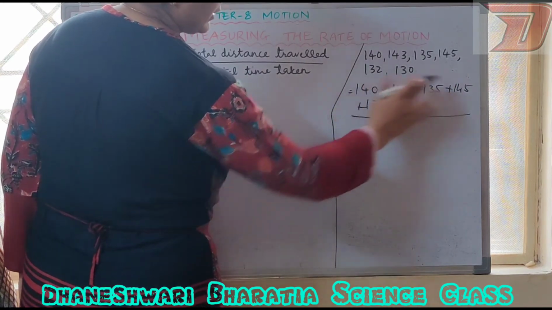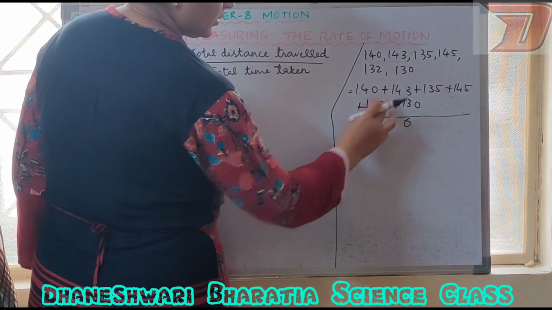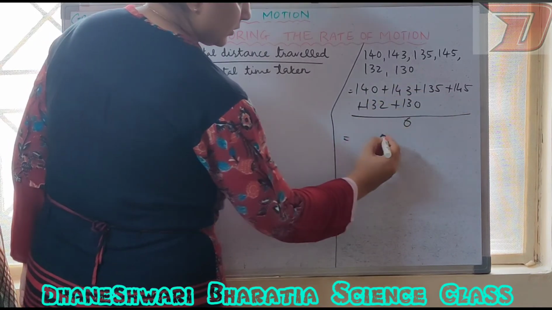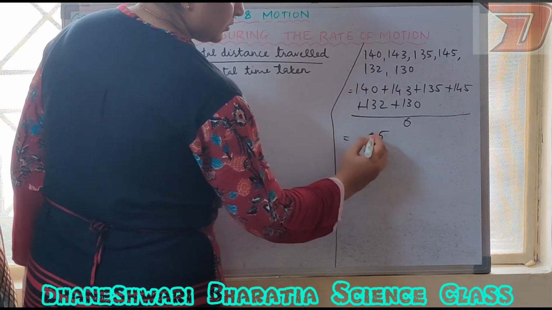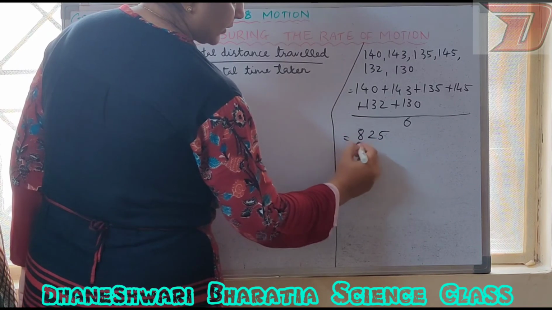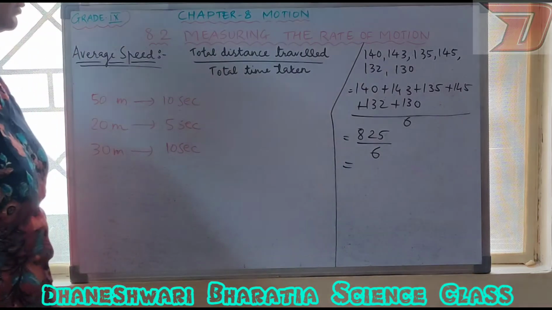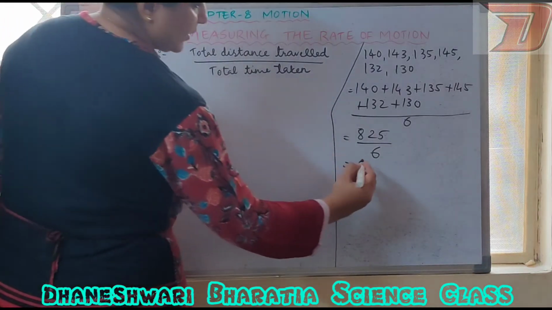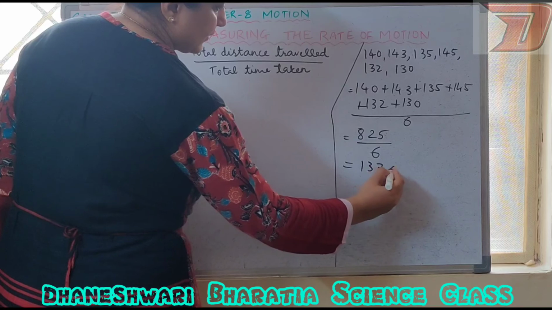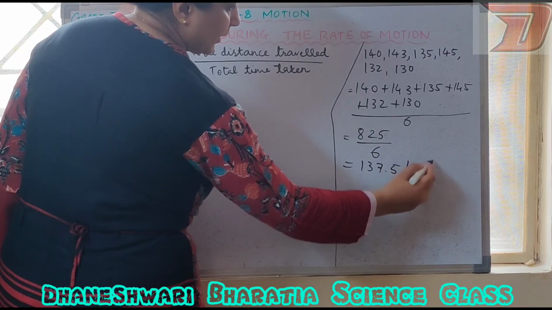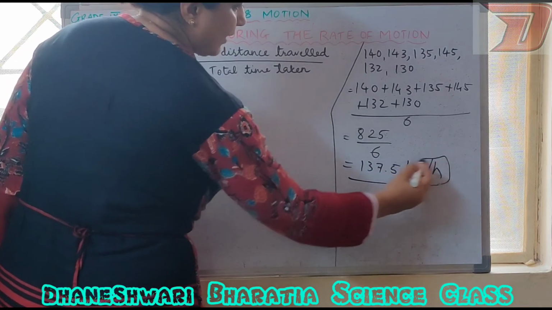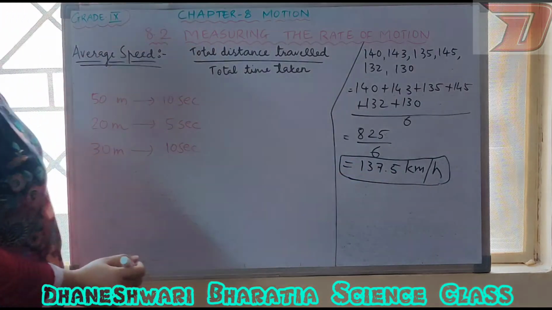So if we add this, almost 825 divided by 6. Now if we divide this by 6, on an average we will get 137.5 km per hour. So this is the average speed of that bowler, isn't it?